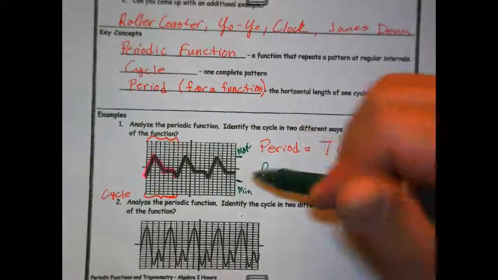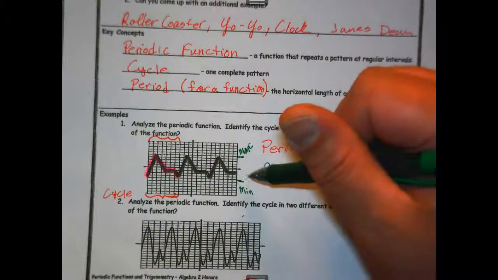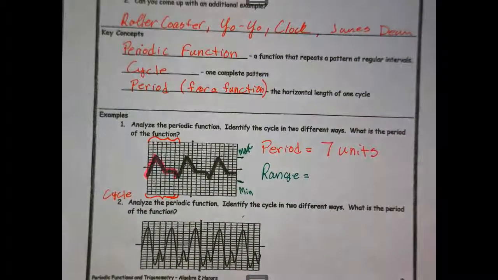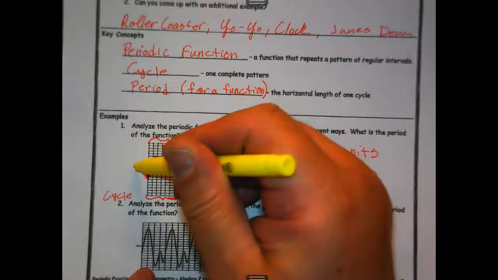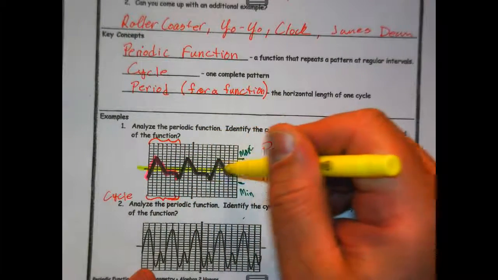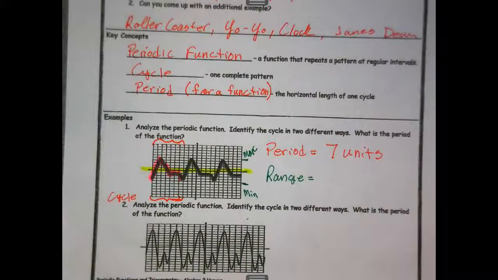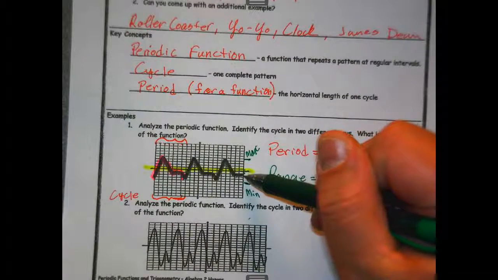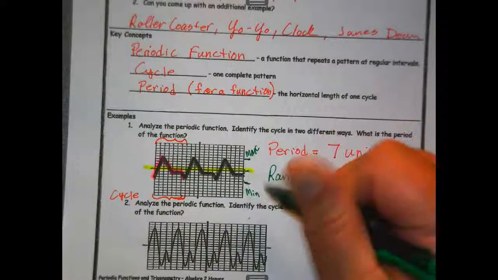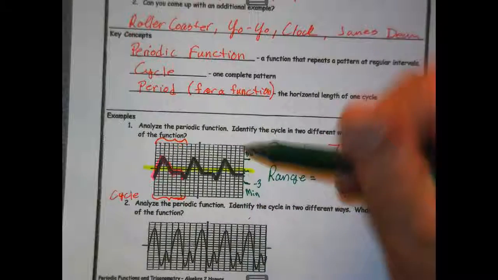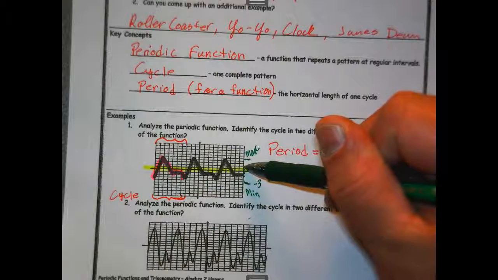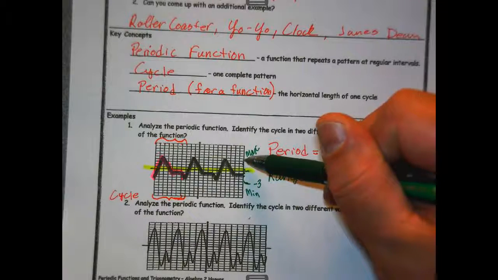Let's say, if this is my x-axis here, my minimum is going to be negative 1, 2, 3, and my max is 1, 2, 3, 4, 5.